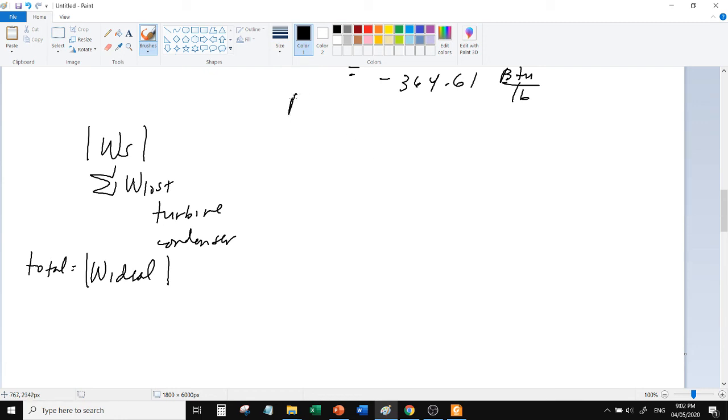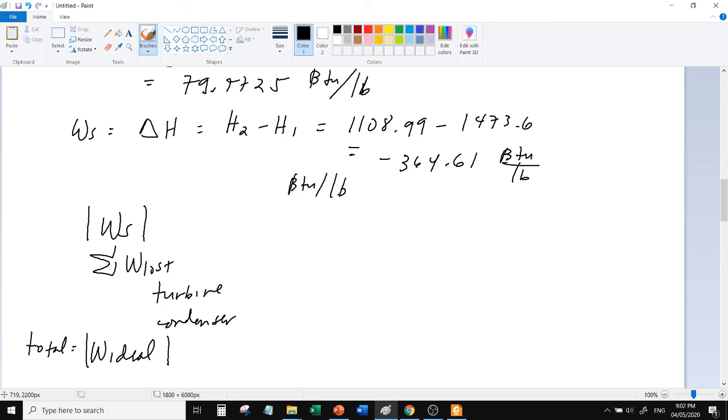So, sa work shaft, yung absolute value nung work shaft, yung work actual, di ba ito? Yan. Absolute value niyan, 364.61. Then, sa work loss, we have sa turbine, yung work loss, 106.205. Tapos, dito sa work loss sa condenser, sinolve natin.